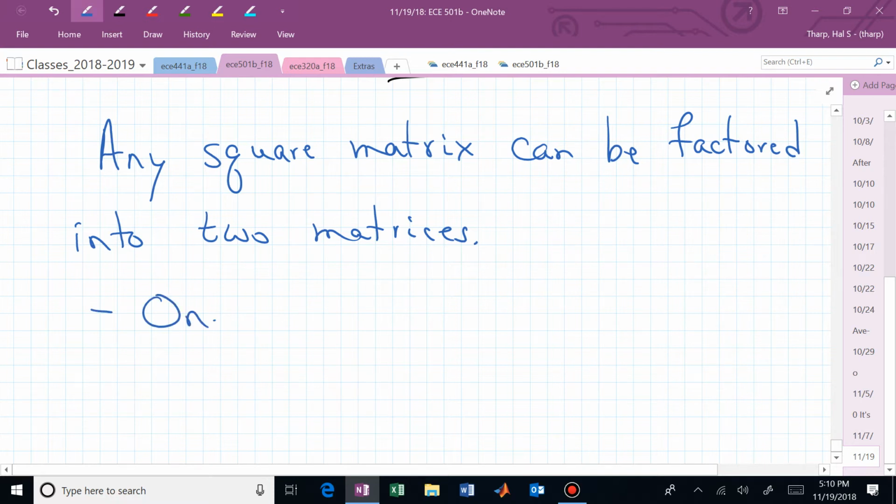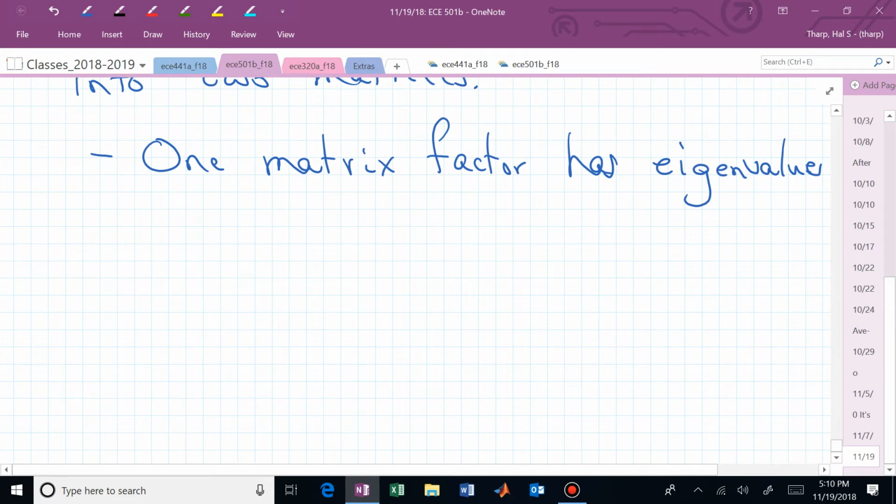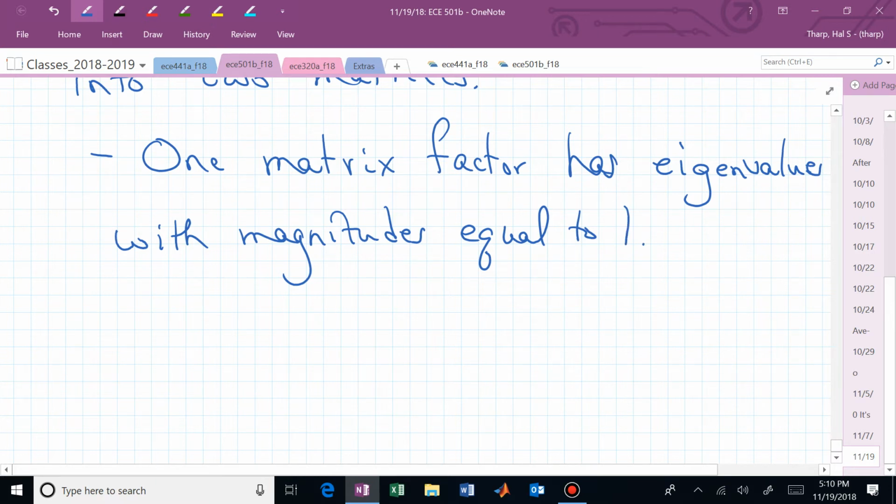One matrix factor has eigenvalues with magnitudes equal to 1, and that particular matrix factor is associated with our rotation.